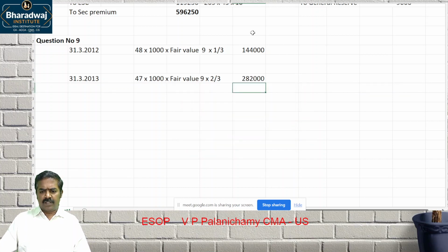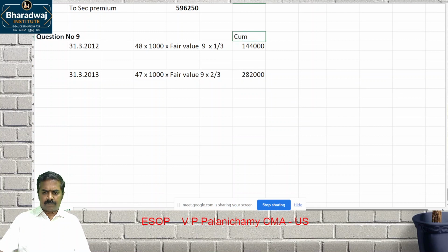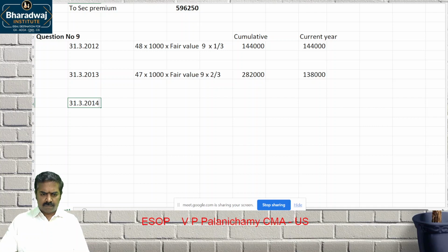So this is the cumulative expense. Then 45 employees into 1000 into the fair value, revised at 8 rupees, into 3 by 3.